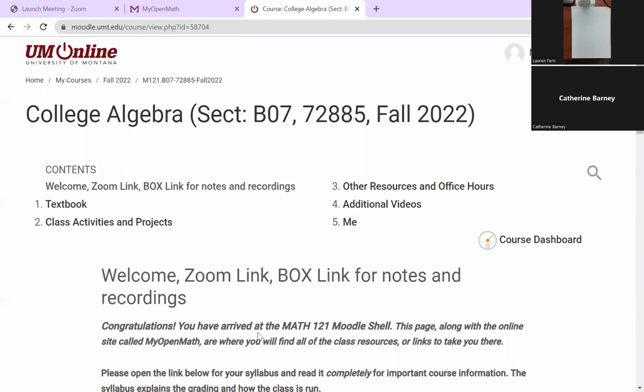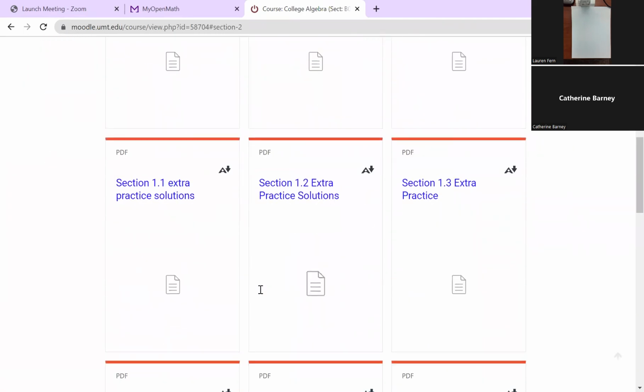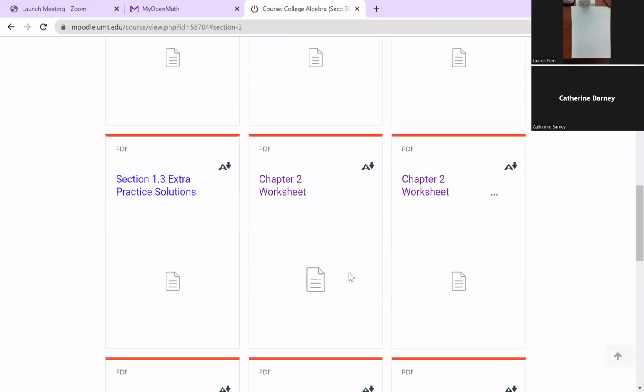Okay. So now I'll share my screen so that the Zoomers can see. All right. So here is our Moodle page. We don't go here too often. But if you go to this class activities and projects, here is the chapter 2 worksheet.